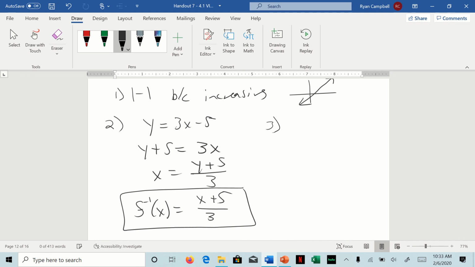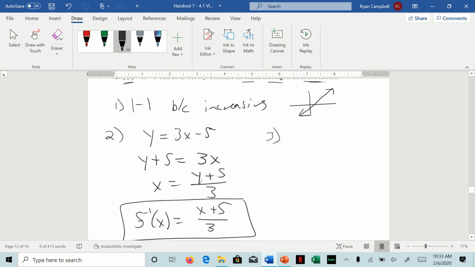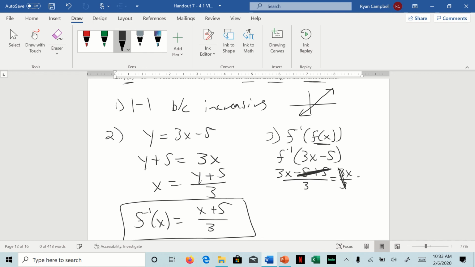And then step 3, we can just verify. If we plug f of x, which is 3x minus 5, into the inverse, we have (3x minus 5 plus 5) over 3. These two cancel, so you're left with 3x over 3, and you got x.